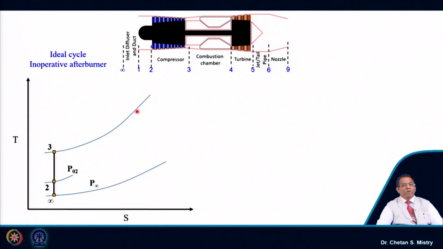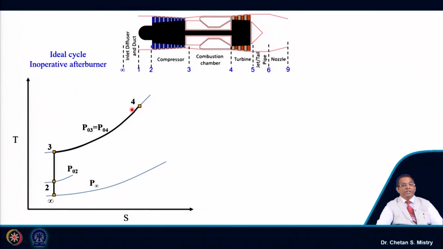The next component is my combustion chamber, and we know it is nothing but the heat addition process, which we assume happens at constant pressure. So, this represents my constant pressure line. It raises my temperature from T03 to T04.